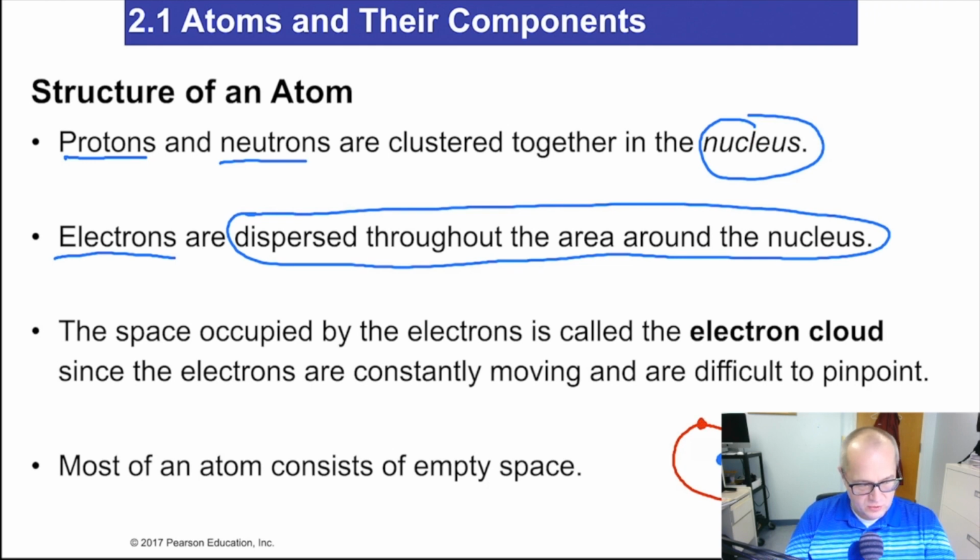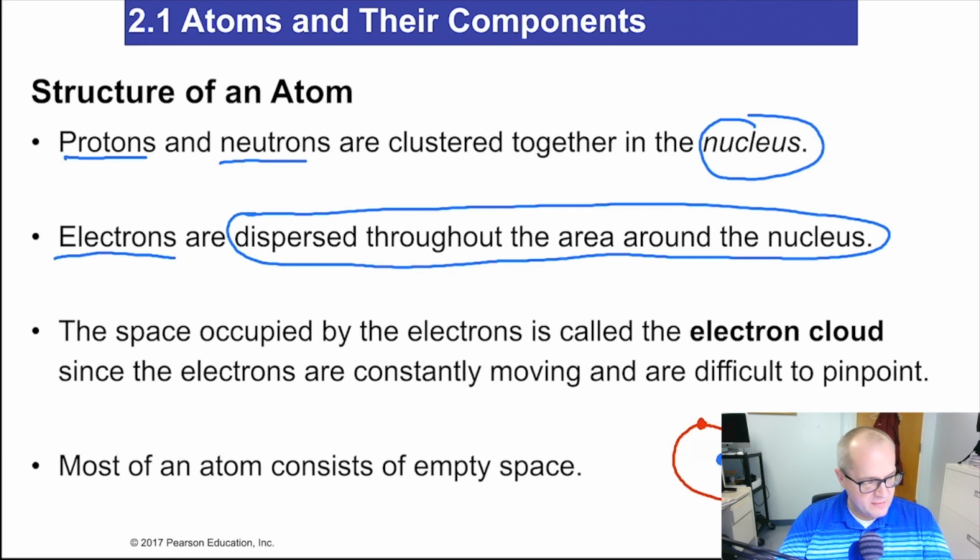The blue is the neutrons. Neutrons and protons, the nucleus. They'll say the electrons are circling around the nucleus like planets around a sun. That's not how it works, okay? It's much more complicated than that. But in this class, we're just going to say the electrons are dispersed throughout the area around the nucleus. They do not circle the nucleus like planets around a sun.